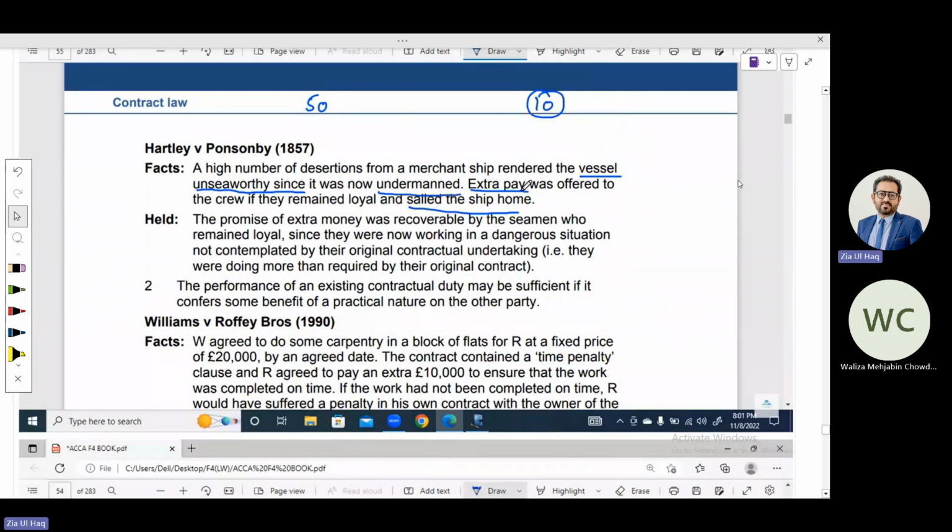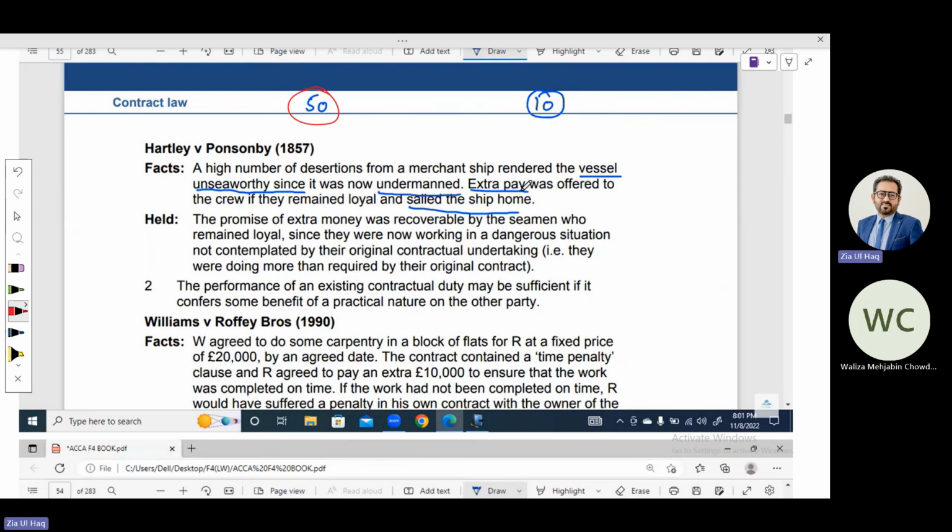There is a case between Hartley and Ponsonby. A high number of desertions from a merchant ship rendered the vessel unseaworthy. It was now undermanned. I mean, there was a ship, and normally 50 people work on the ship.